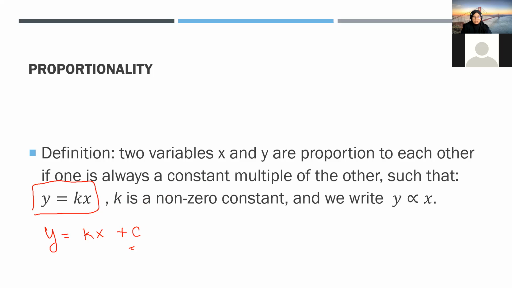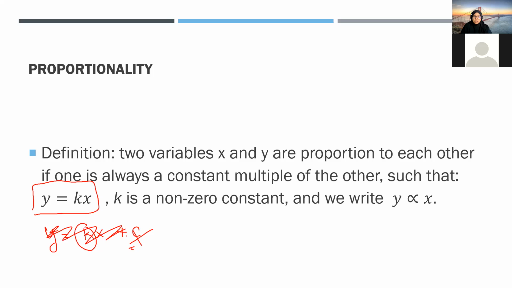The proportional definition is just y and x with a multiplier. So this is not proportional, but it is somewhat proportional, and you can use it as a submodel. We can discuss this later on.